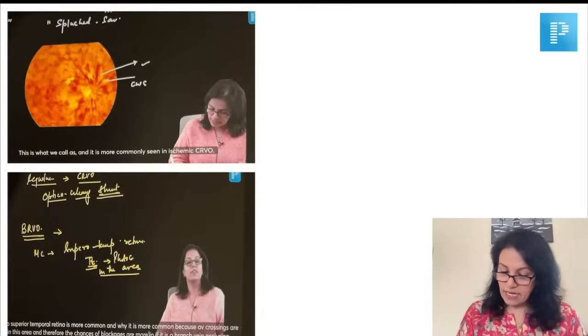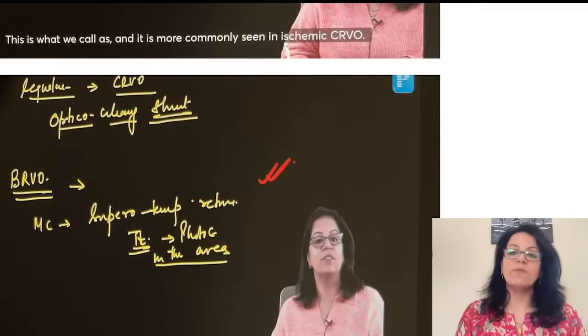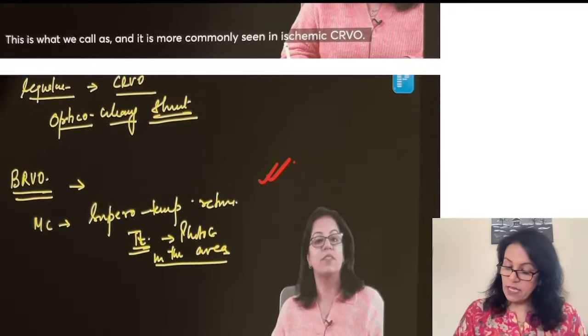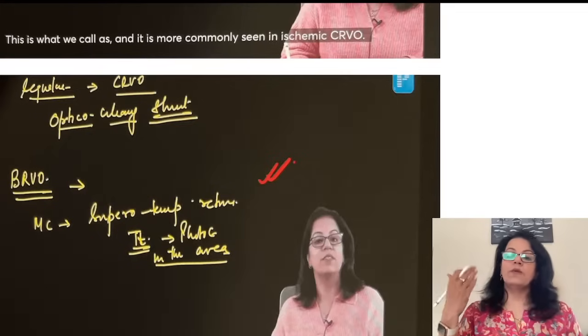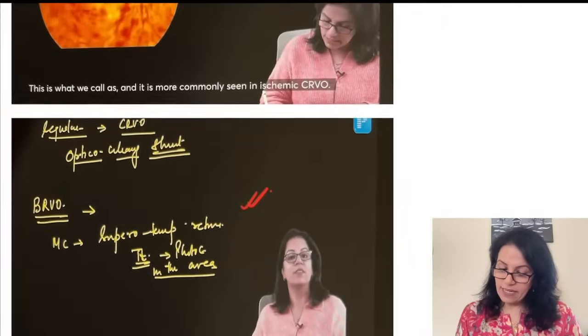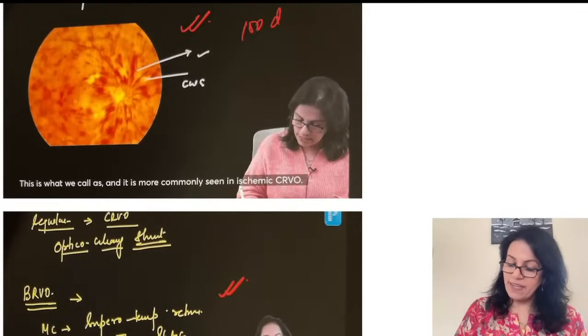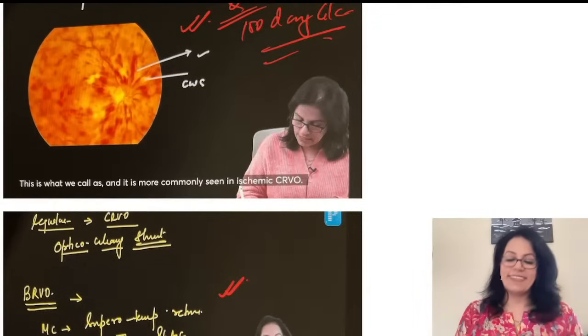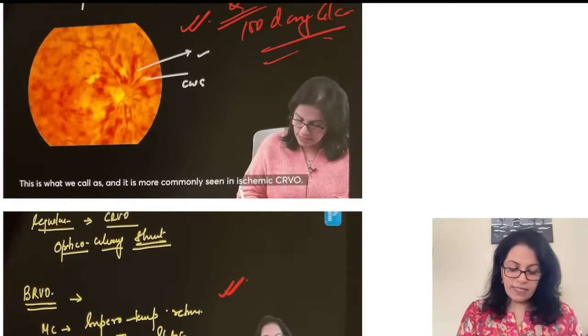We have discussed in the class that commonly the branch retinal vein occlusion is in the superior temporal quadrant, but in this case, if the superior field has been lost, it has to be an inferior quadrant involved. Keep this in mind. Okay? And of course, we have learned about CRVO, what is the flash sauce appearance, and what is 100-day glaucoma. Please revise all this for your NEET PG as well. Multiple flame-shaped hemorrhages, this is CRVO, and 100-day glaucoma.